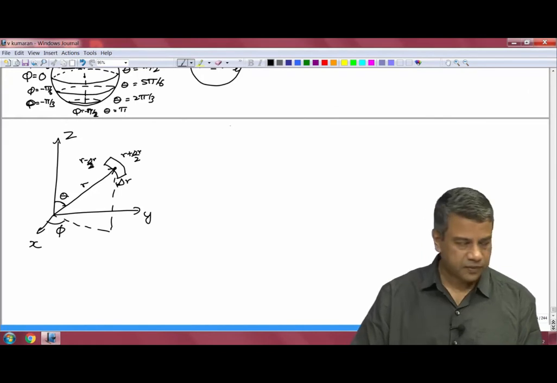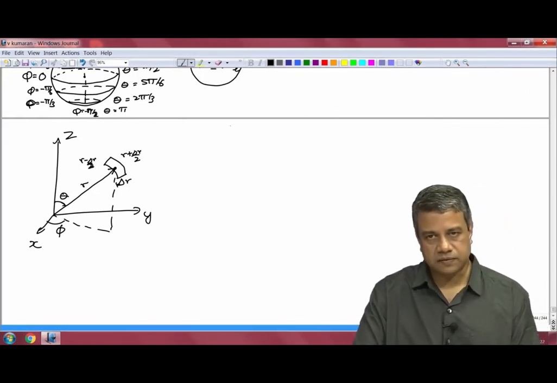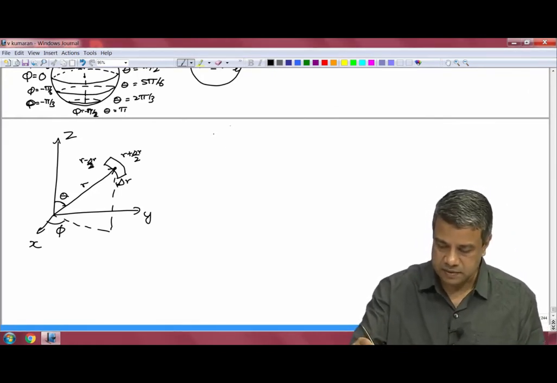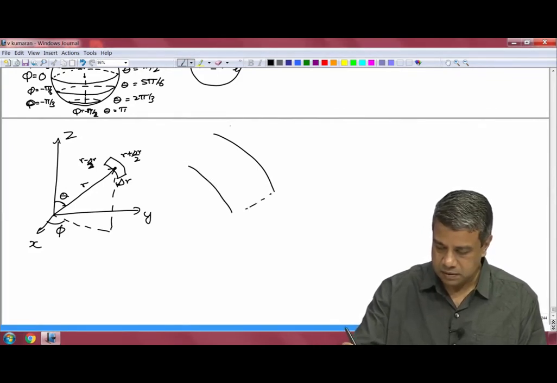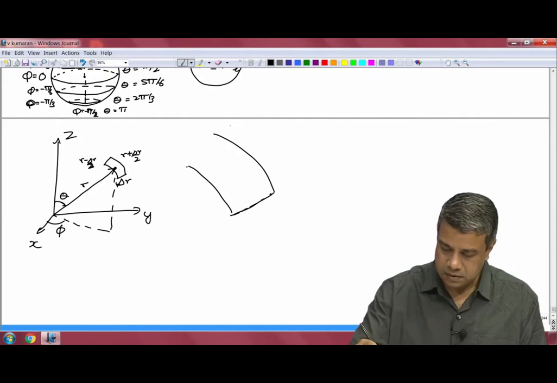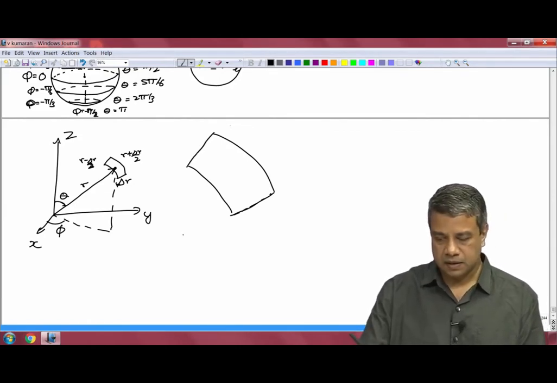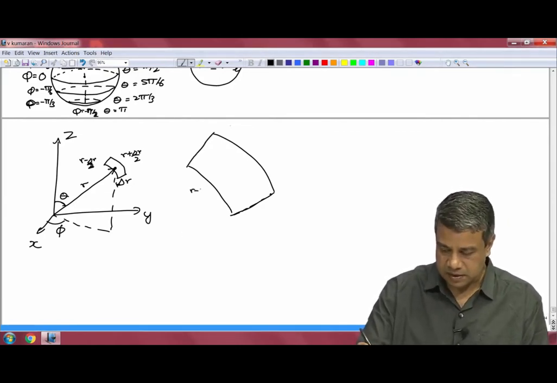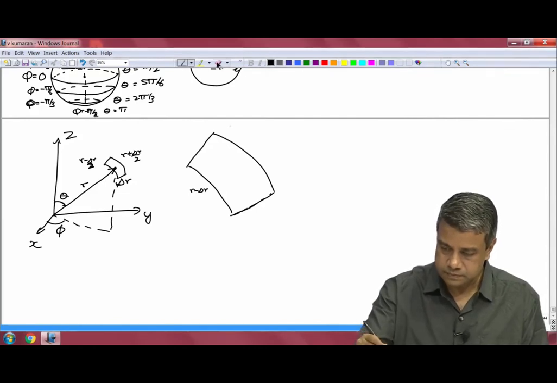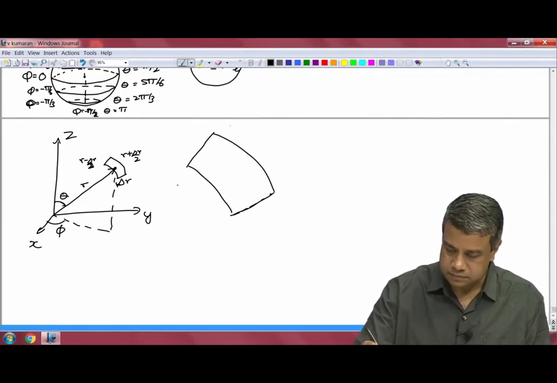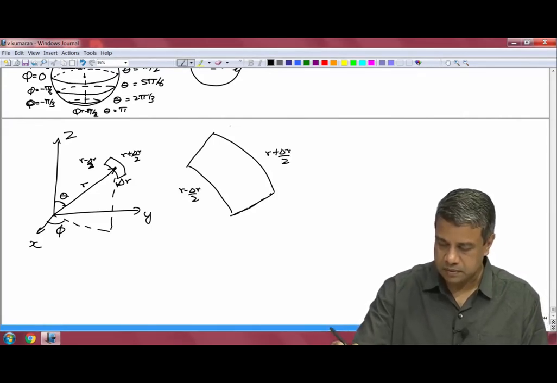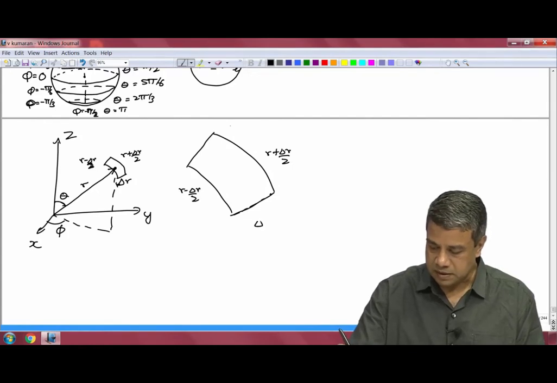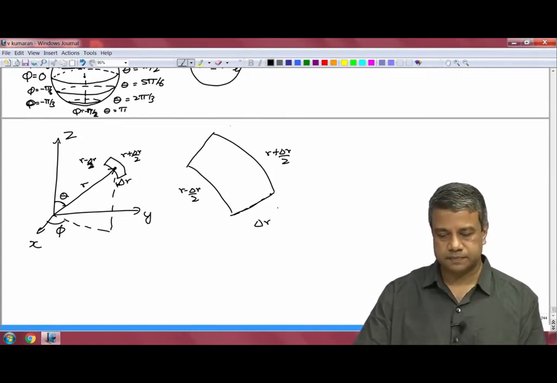So, that is how you construct 2 surfaces in the r direction, which I will expand out here. There is a surface at r minus delta r by 2, surface at r plus delta r by 2, with a separation delta r in the r direction.